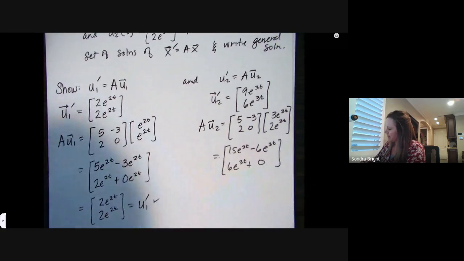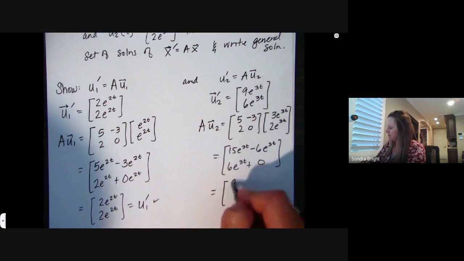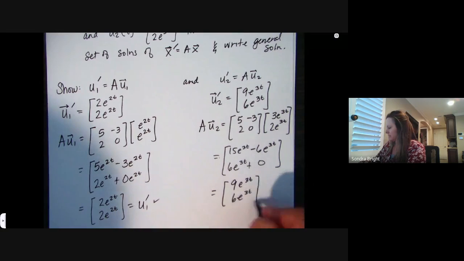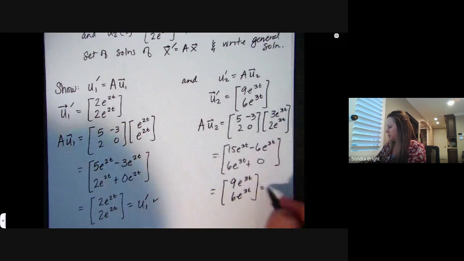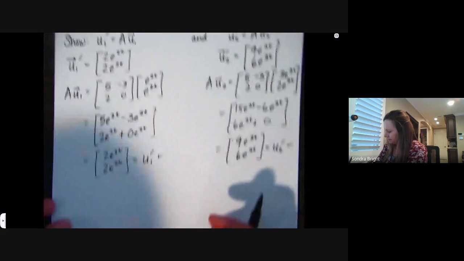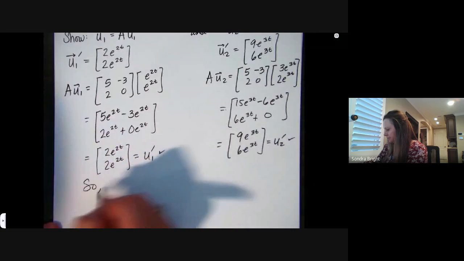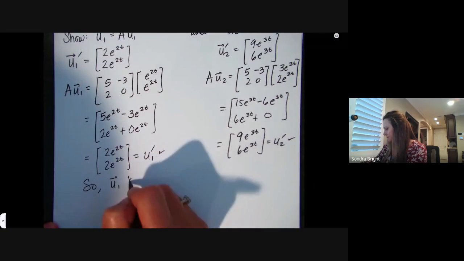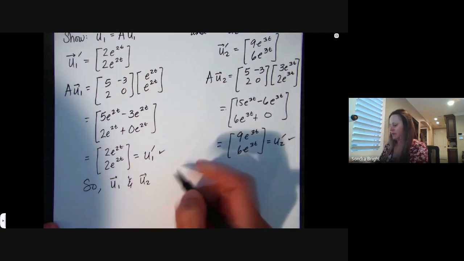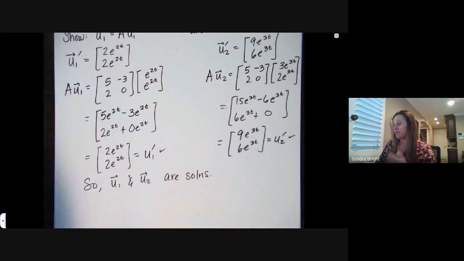When you simplify, 15 minus 6 gives you 9e to the 3t and 6e to the 3t, and yep, that was equal to U2 prime. Check. So what does that mean? That means that U1 and U2 are solutions to that equation.